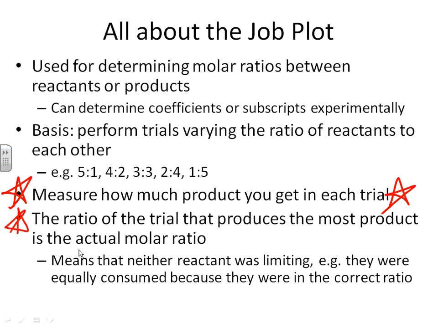But when you've got your reactants in the correct molar ratio, your product is going to be as close as possible to the theoretical yield, as much as you theoretically should be capable of making. We know we're identifying the correct ratio because that's when the most product is going to be produced. It means that we've got those reactants in the ratio that they're meant to be in.